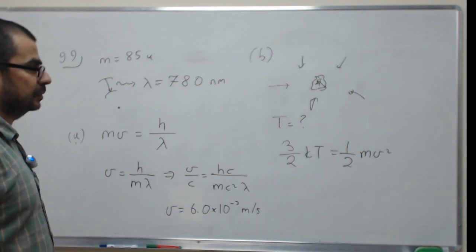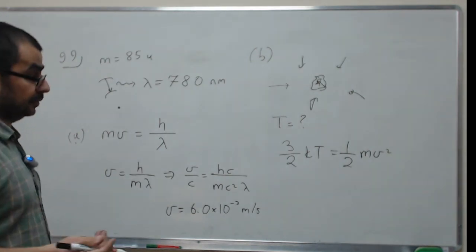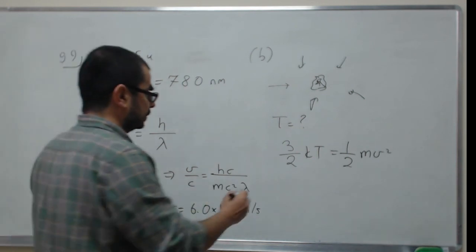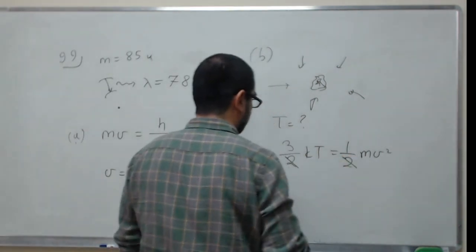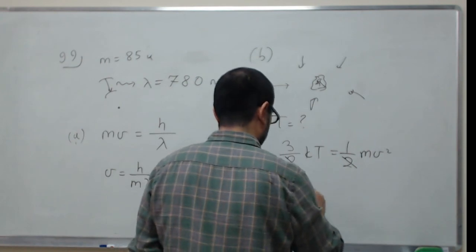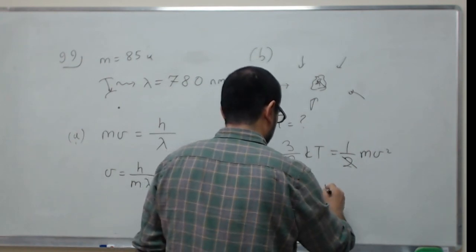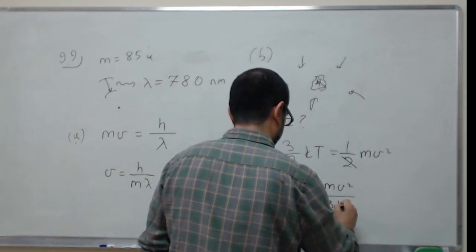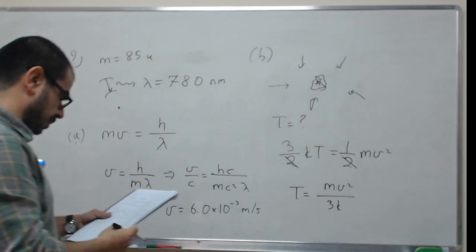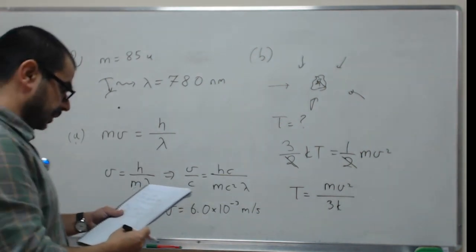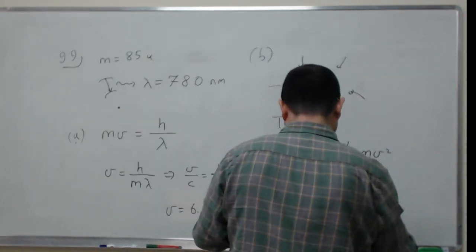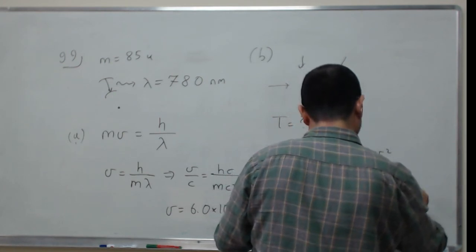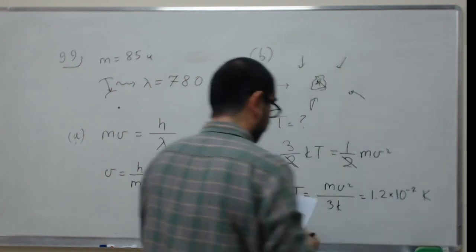Or 1/2 kT equals 1/2 m Vx squared, if you will. So if you want to look at just one dimension, that's how we would write it. So these twos cancel, and then we can write our T as mv squared by 3k, right? And if you go ahead and calculate this, you find that this corresponds to 1.2 times 10 to the minus 7 degrees Kelvin, a very, very low temperature, right?